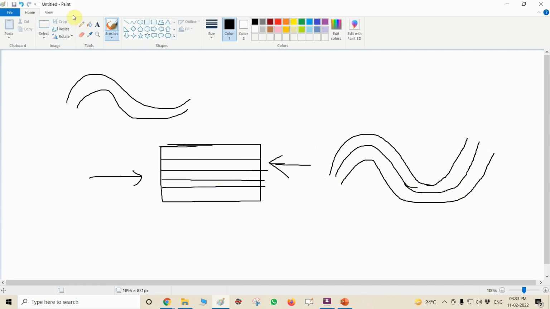So this is whatever I was discussing, the general origin of a fold. This kind of deformation is generally studied in the structural geology subject, and the response to the stresses and strain to which this rock was subjected.